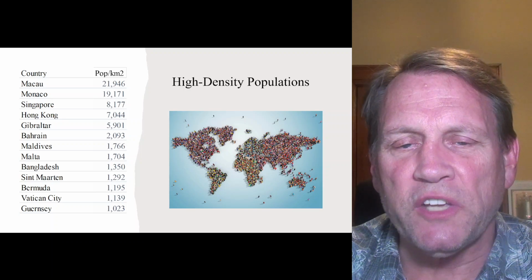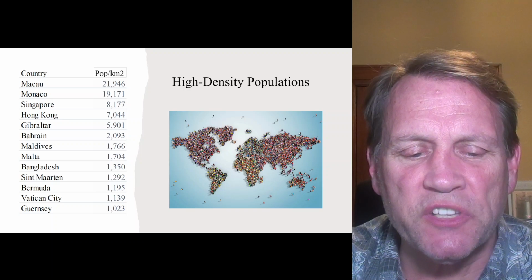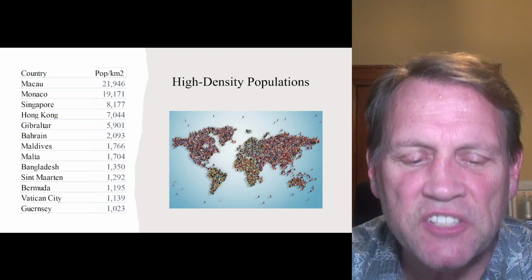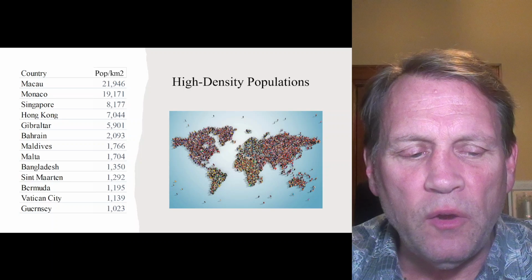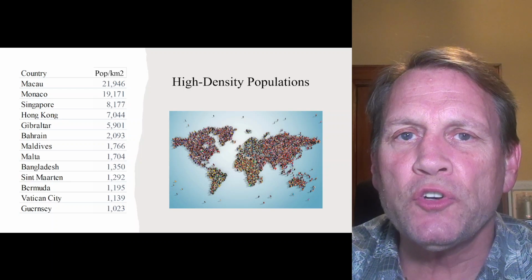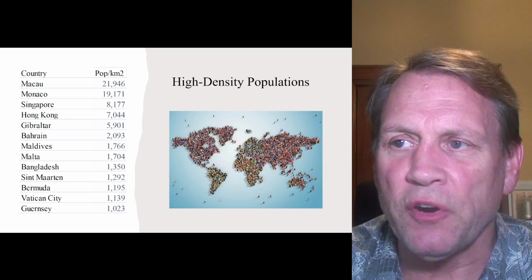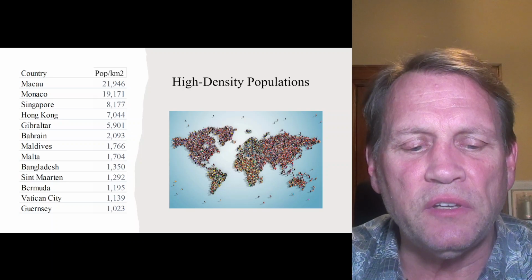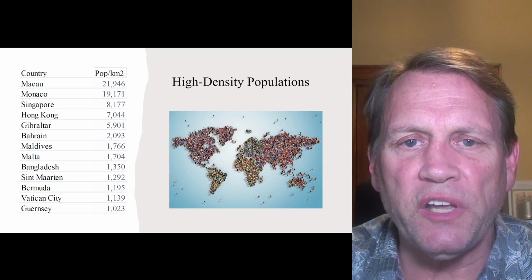On the whole, as we'll get to in a moment as well, Asia represents the most densely populated continent, with a total figure that starts to approach 100 people per square kilometer. And that's even including Russia, Mongolia, and Kazakhstan.